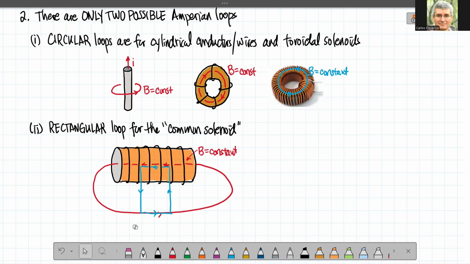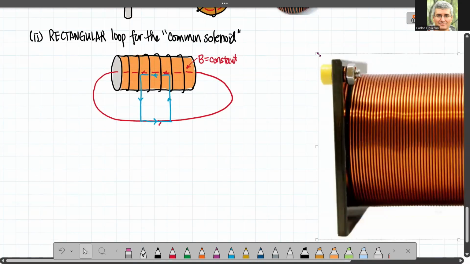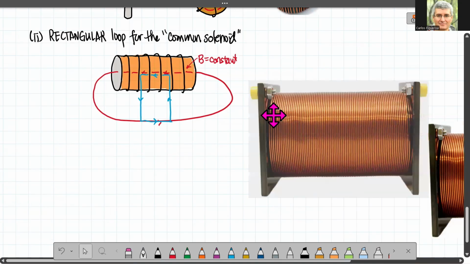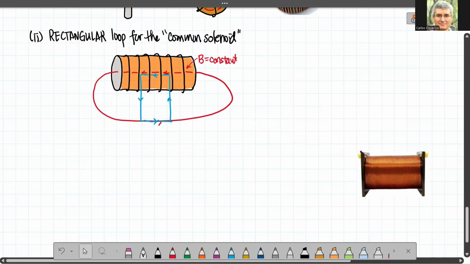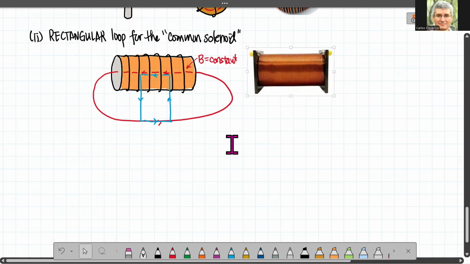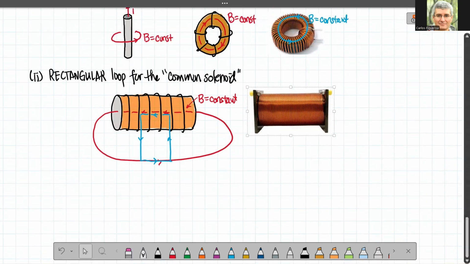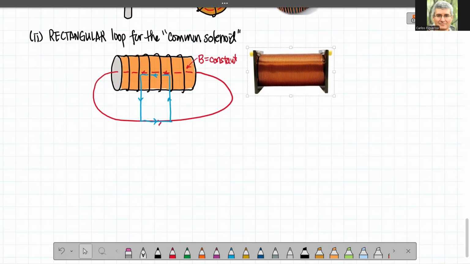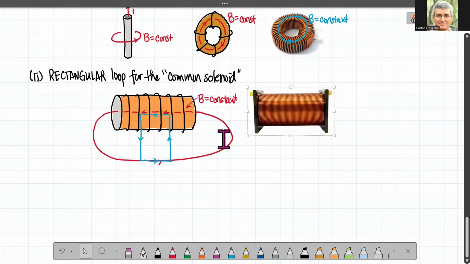So now, if I was to show you an image of this enormous solenoid here, let me make this smaller. You could see that this is an image of this solenoid right here. And when you look at this, what's the path?